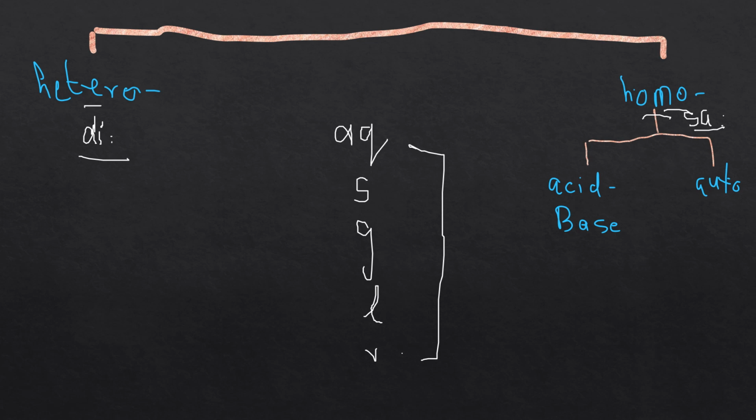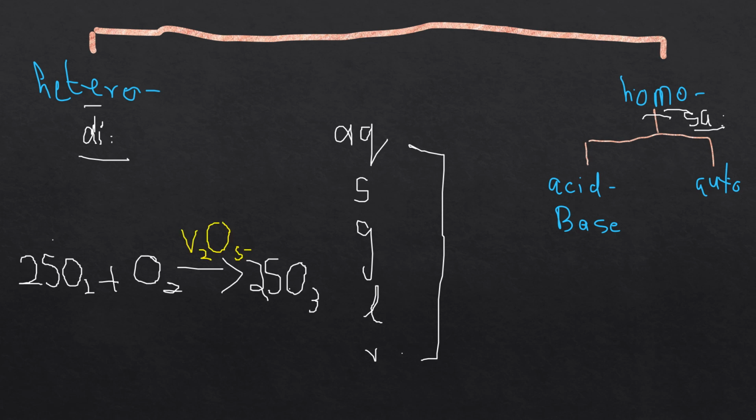Just suppose a reaction, and have a look at this reaction. In this, 2SO2 reacts with O2 in the presence of the catalyst V2O5 that produces 2SO3 plus V2O5, the catalyst, of course.